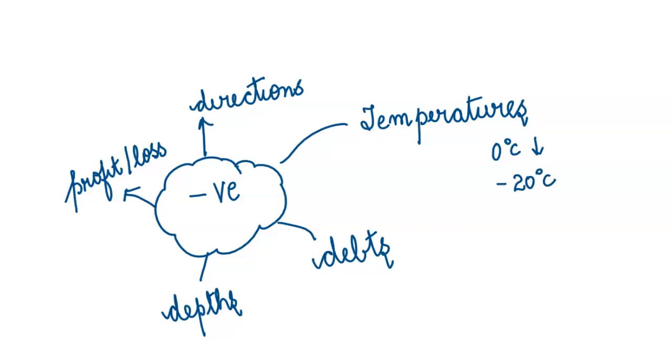Debts: if you owe some money to someone, it is represented by a negative sign, and we say negative 500. Depths: if there is a river, how deep is it?